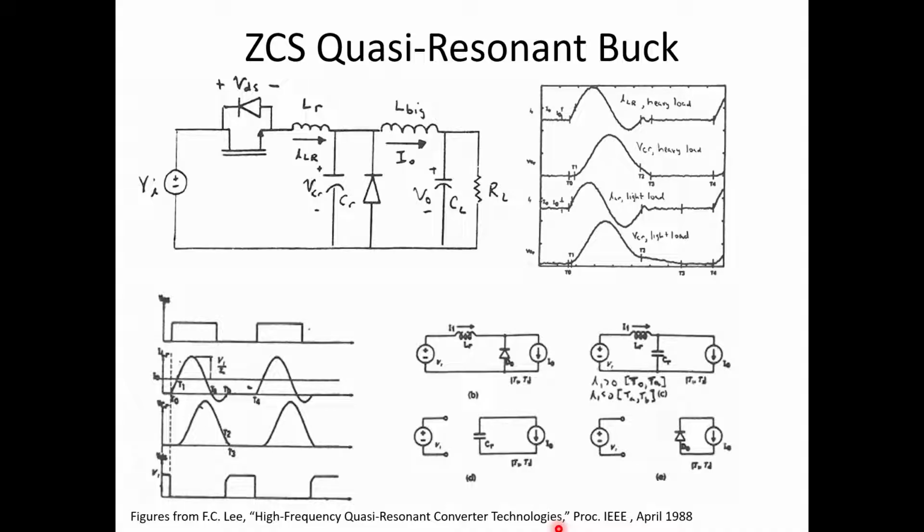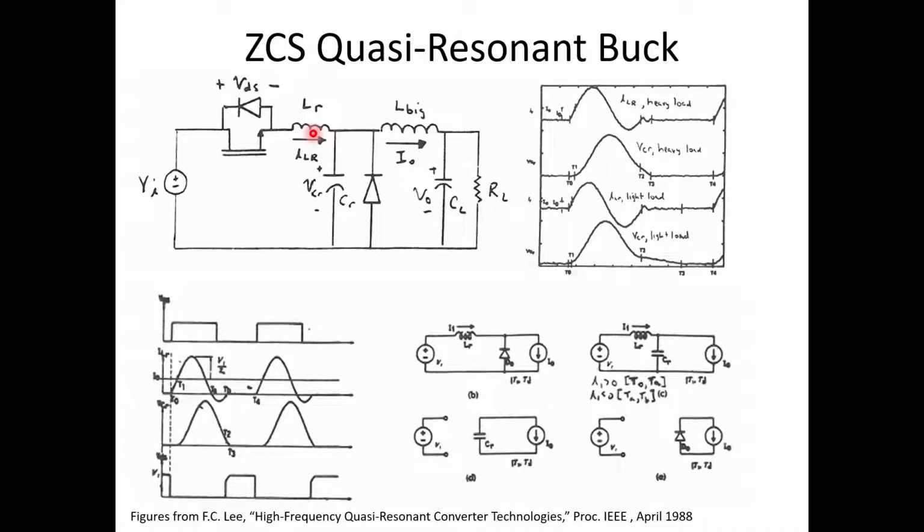So if I look at this converter, what do I see? If I took away CR and LR, and I just took them out, what kind of converter would this be? It would just be a straight up buck converter, right? What we are doing is putting a resonant inductor in series with the switch.